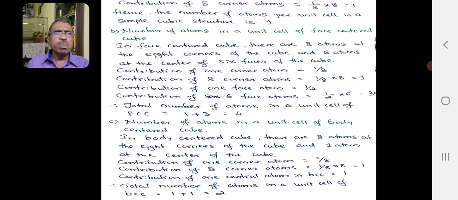Therefore, the contribution of 8 corner atoms is 1 by 8 into 8, which is equal to 1. Now, the contribution of one central atom in BCC is equal to 1. Therefore, the total number of atoms in a unit cell of BCC is 1 plus 1, which is equal to 2.